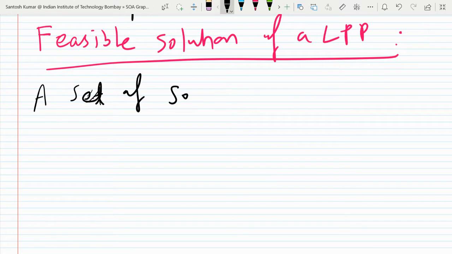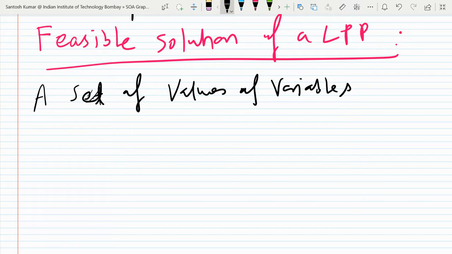A set of values of variables x1, x2, x3, xn. We are considering n variables in the LPP, but it may be 2, 3, 4, so n is an arbitrary number here.